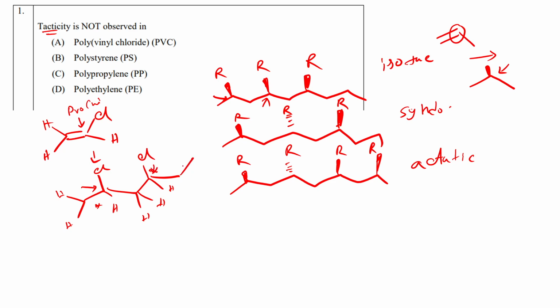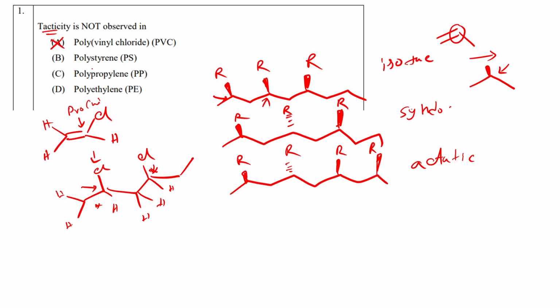In that way, above or below can decide the class of the polymerization. For this particular case, you are definitely going to observe tacticity because you have a chiral center. So A is not your answer.